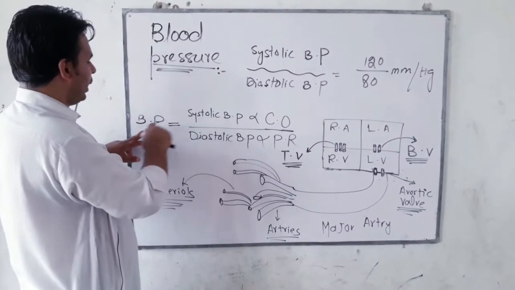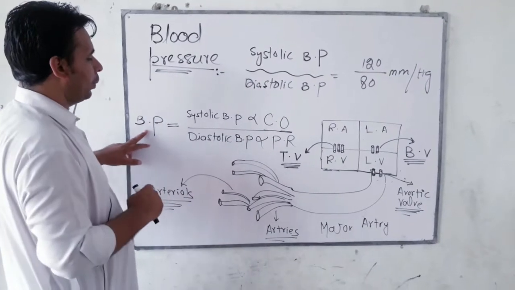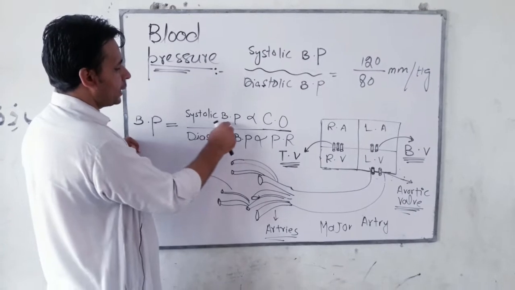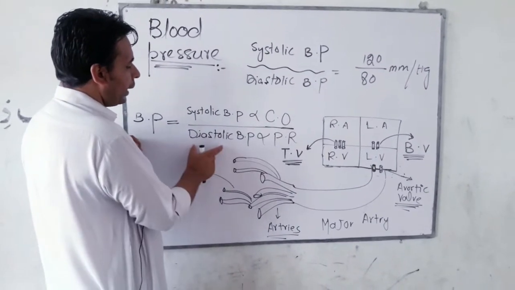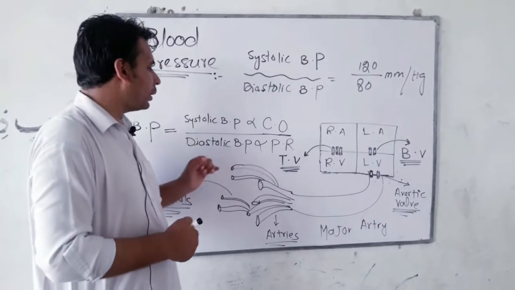As I told you that BP is equal to systolic BP divided by diastolic BP, and in my previous video I also told you that systolic BP has a direct relationship with cardiac output and diastolic BP has a direct relationship with your peripheral resistance.